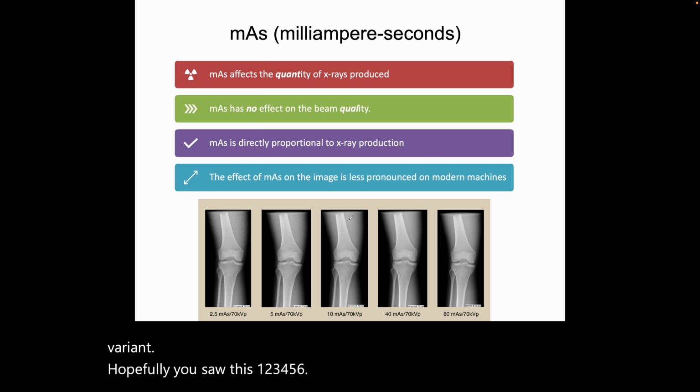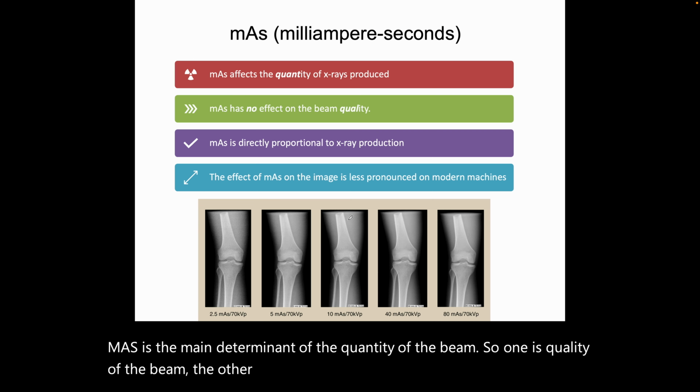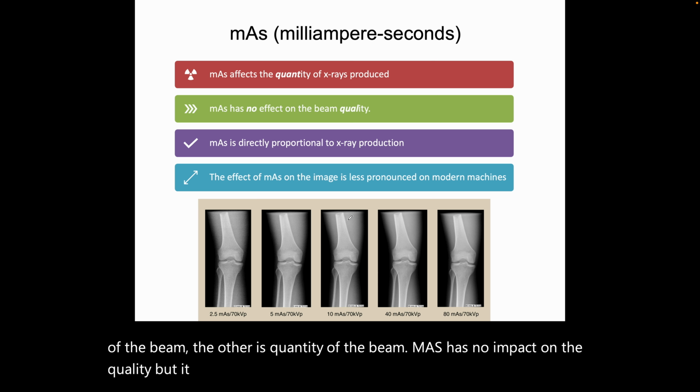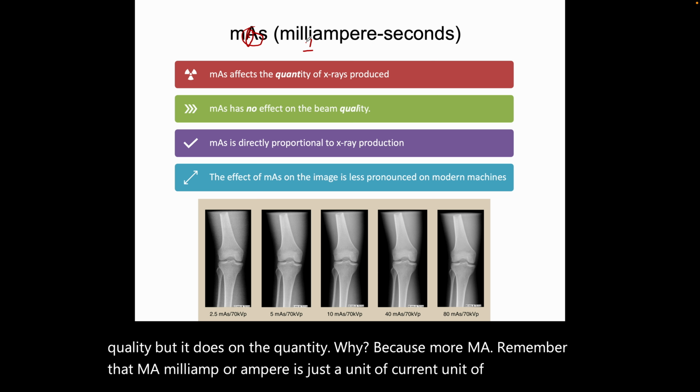MAS is the main determinant of the quantity of the beam. So one is quality of the beam, the other is quantity of the beam. MAS has no impact on the quality, but it does on the quantity. Why? Because more MA, remember that MA, milliamp or ampere, is just a unit of current. How much current is flowing in the circuit.